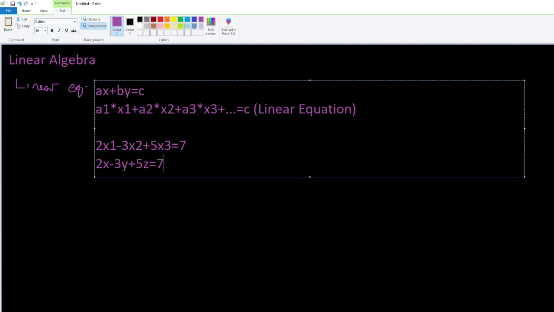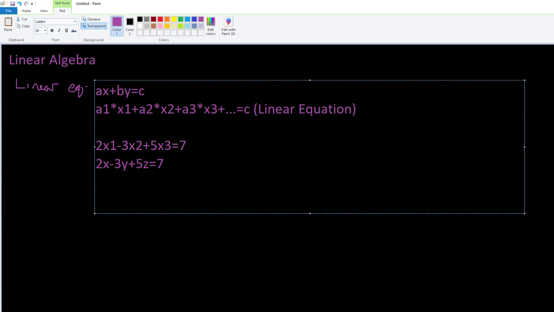Anyways, given this equation, you can make a vector x1, x2, x3, dot dot dot, that is going to be equal to some set of values called the solution: s1, s2, s3.